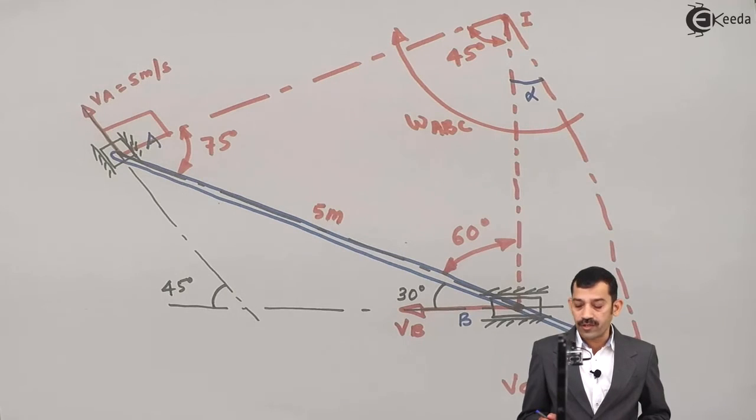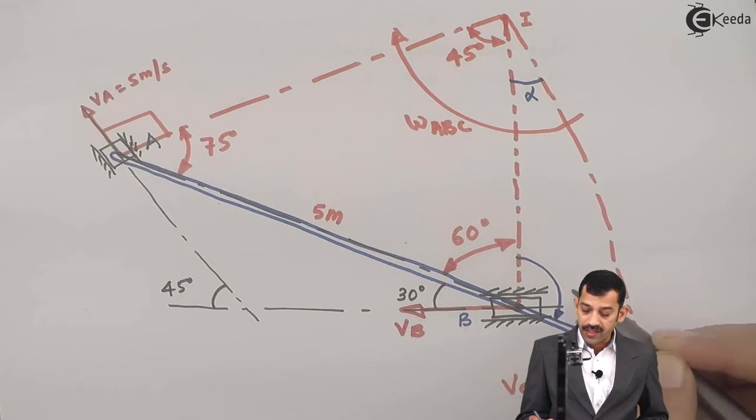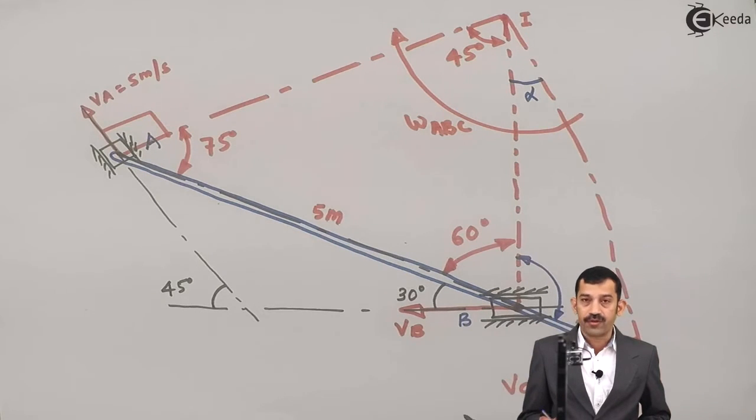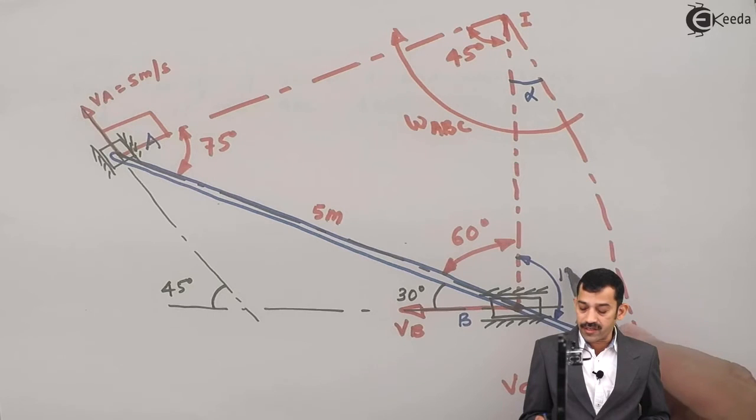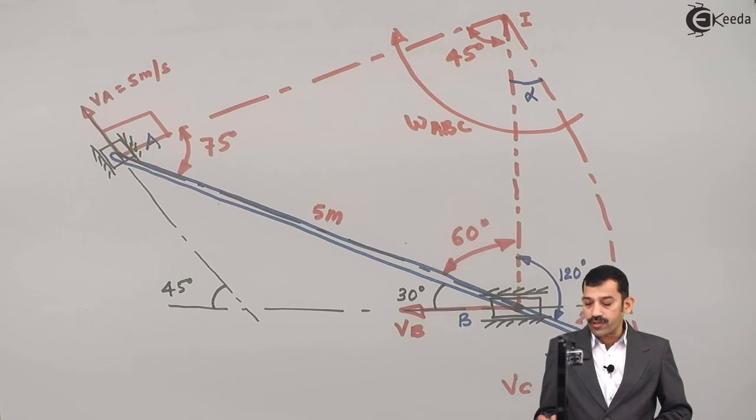That means applying the cosine rule we will find IC. For that you must know the angle between these two lines, where this angle is 90, and next the inclination of the bar with the horizontal is 30. That means this angle is 120 degrees. So using this triangle IBC, applying the cosine rule, IC is possible. Applying the sine rule, we will find angle alpha.